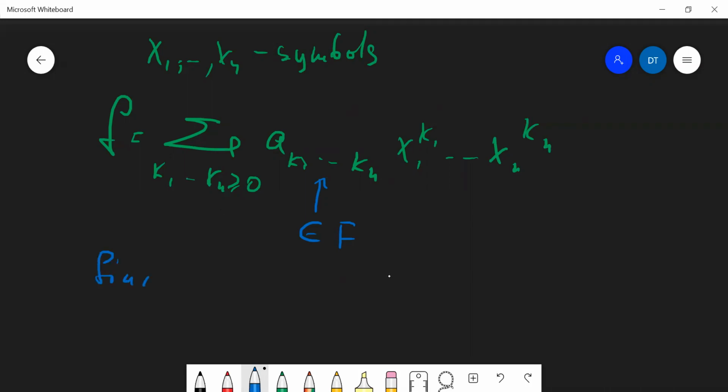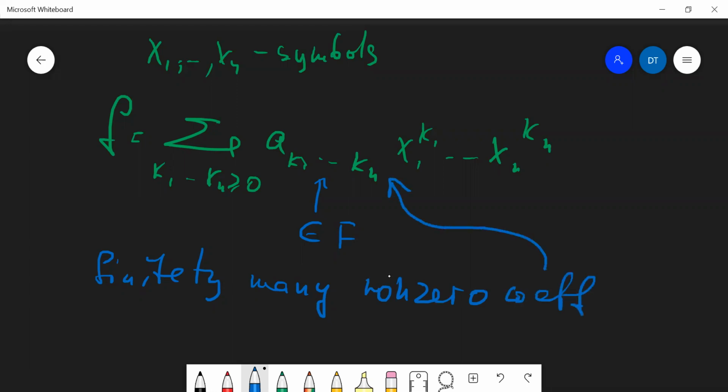So this expression is a polynomial in variables x1, ..., xn.